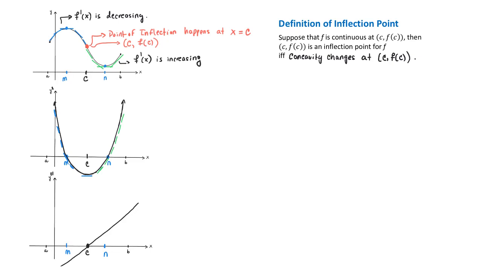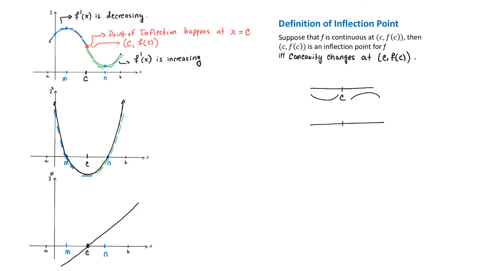In other words, if I have over here my point C, and let's say the graph is concave up on the left and then concave down on the right, then x equals c is where the point of inflection will occur.